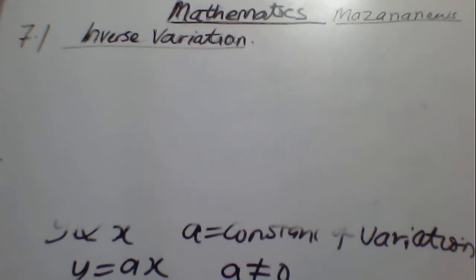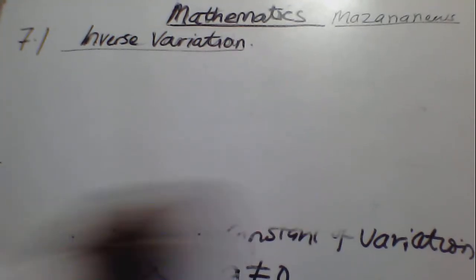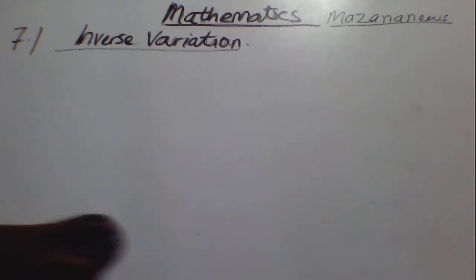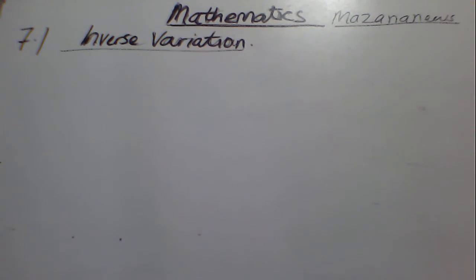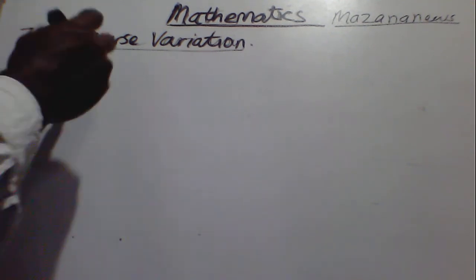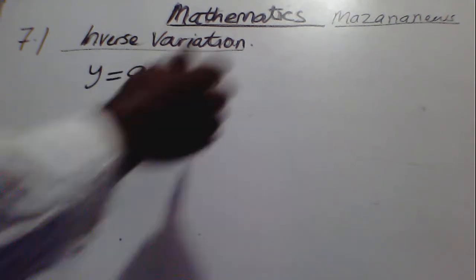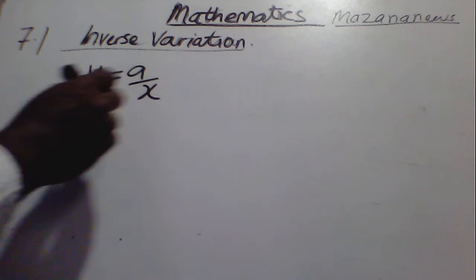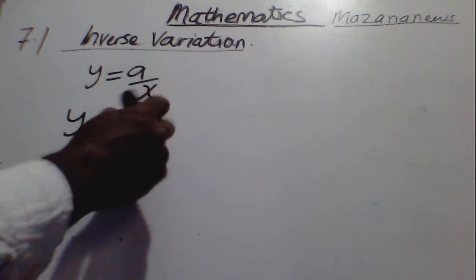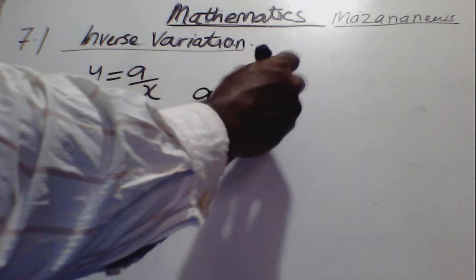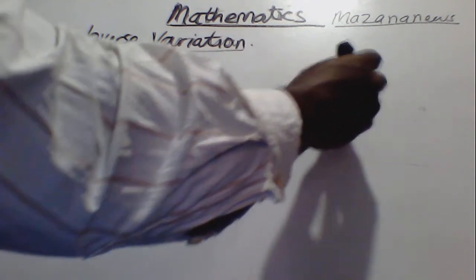So we are now in inverse variation. Two variables x and y are said to be in inverse variation if the relationship between them is in this form: y equals a over x. That is, y is inversely proportional to 1 over x.